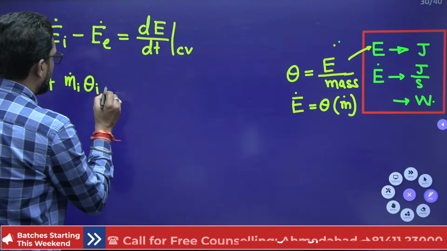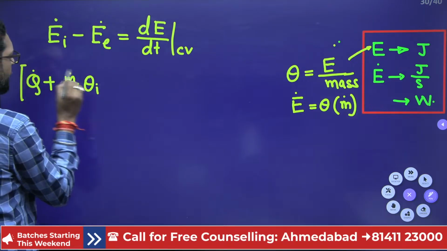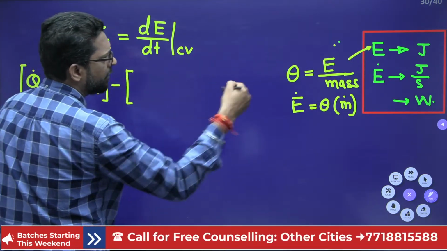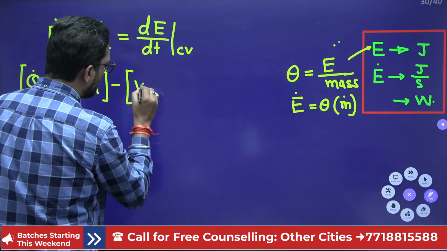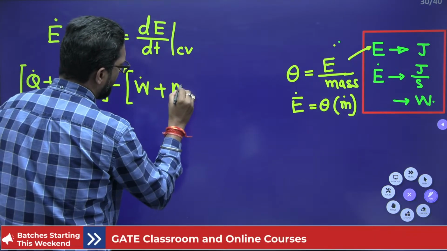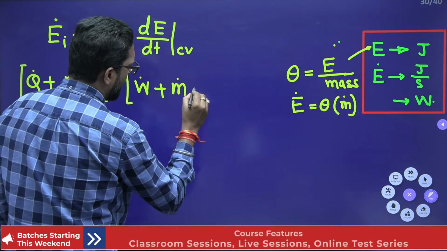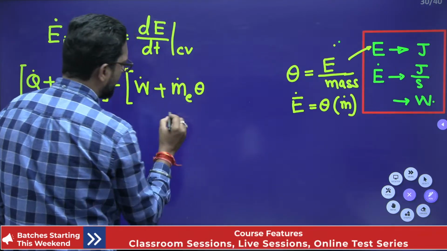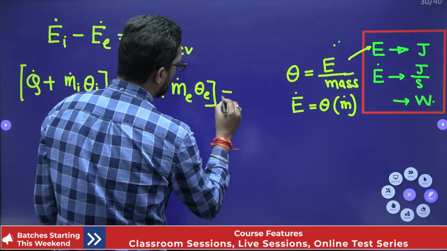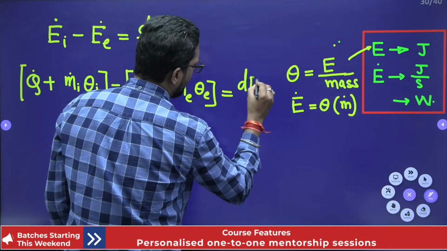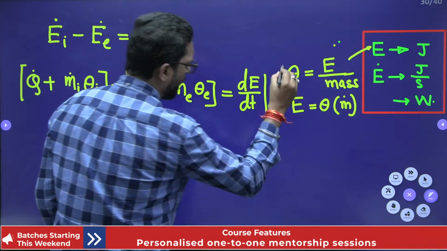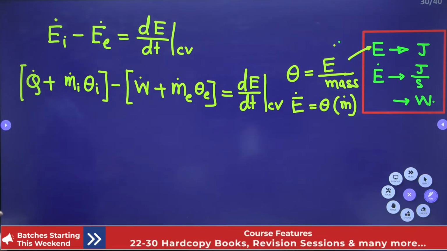Okay, this is one component, this is in, minus what is exit, work out W dot, plus M exit with theta exit. This is out, is equal to dE by dt of a control volume. No problem at all.